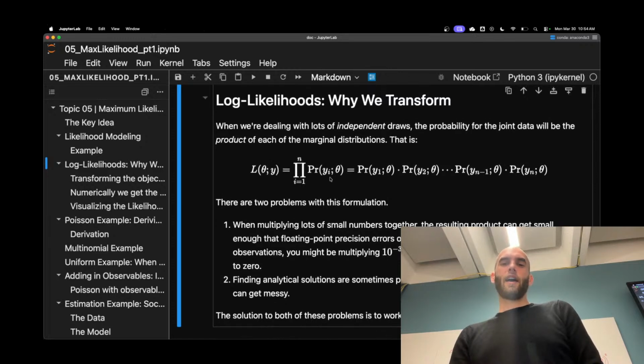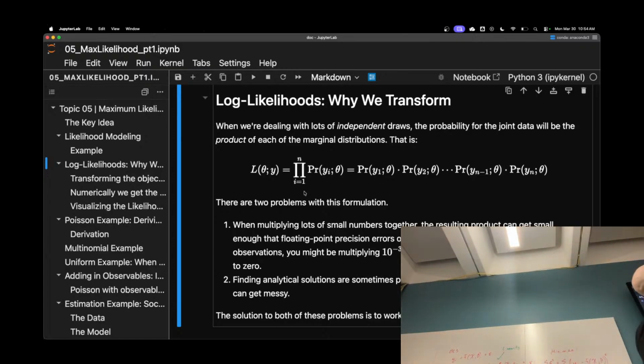The second thing is, if you look at this and you try to take a derivative of a product, so the first derivative of the likelihood function with respect to one of the parameters, like theta 1, for example, derivatives of products can be very gross. You could probably do it, but it'd be very challenging.